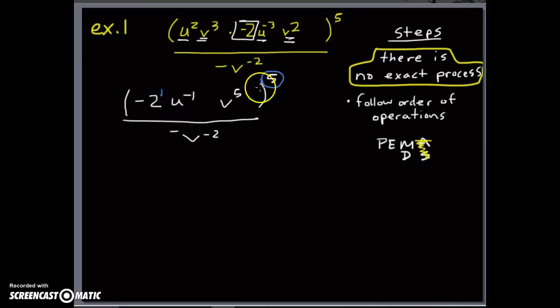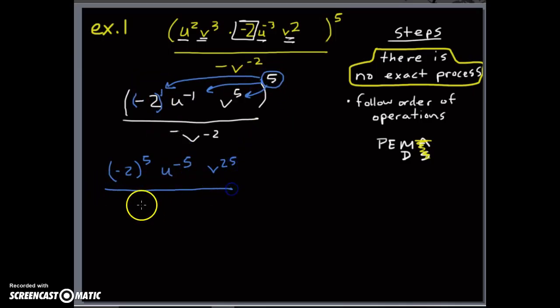So there's three things that we're going to multiply. We're going to multiply the 5 to the negative 2, to the negative 1, and to the 5. So negative 2 to the 5th power, u to the negative 5th power, and v to the 25th power. I just multiplied the numbers. All over negative v to the negative 2nd power.